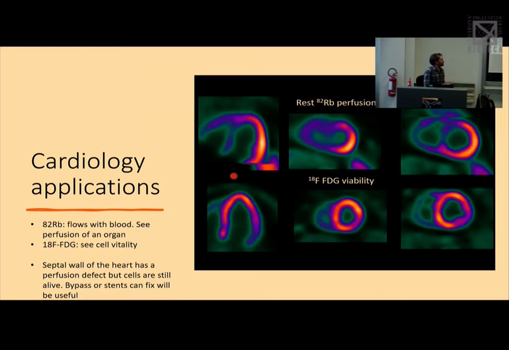And if you want to do a cardiac bypass, you need to cut open the sternum, and it's an operation that takes months to recover. So you want to know beforehand if it's going to be successful or not, because if here the cells had already died, you will have lots of side effects for the patients from the operation, but no gains.